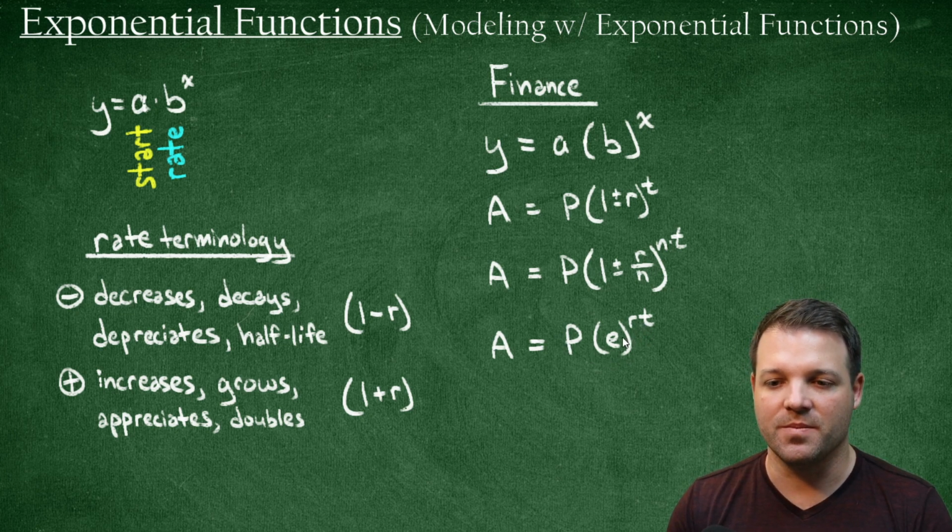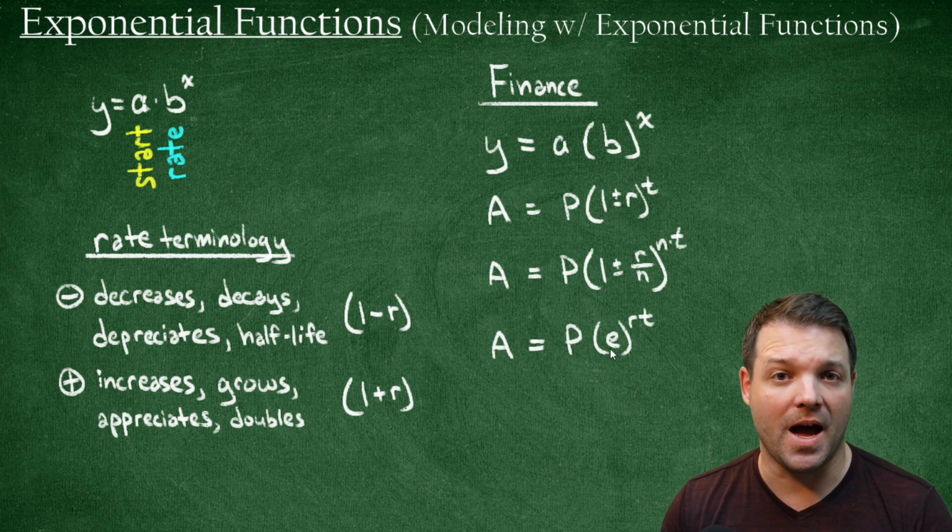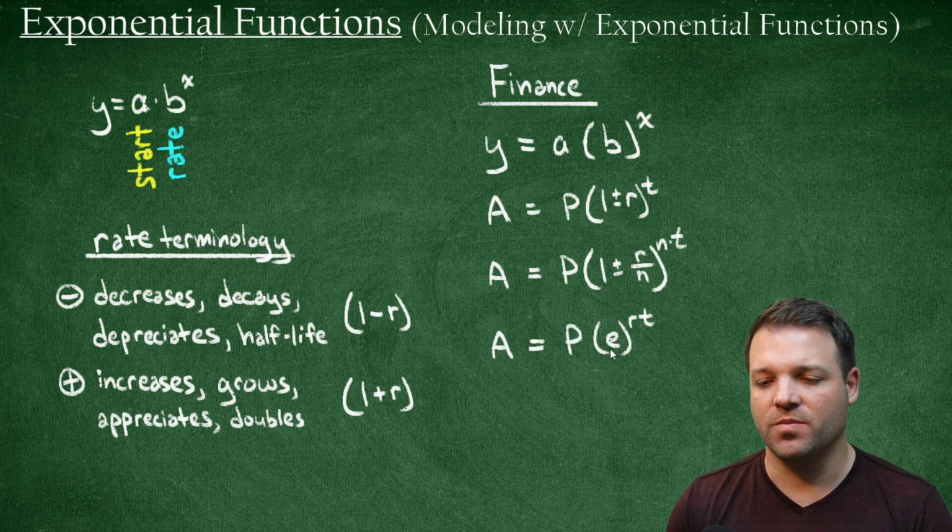Oh, and e, by the way, is Euler's constant, and it is really important in mathematics. It's an irrational constant, same type of thing as pi. So anyways, that's what that is.